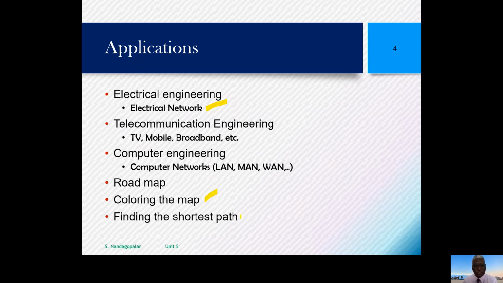And finding the shortest path, like in Google Map, we give the source and the destination, and Google Map gives you all possible paths, shortest paths actually, starting from your location or some source location to the destination.